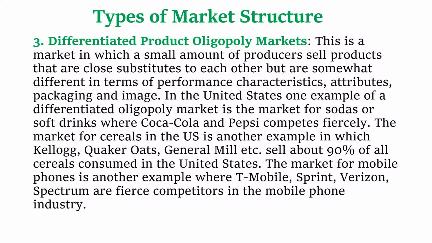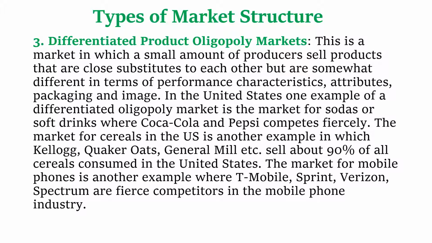Again, I bring in another market, which is the US cell phone or mobile phone market. You have T-Mobile, Sprint, Verizon, Spectrum. These are all fierce competitors in the US mobile phone industry. So this is also an example of a market that produces differentiated products.